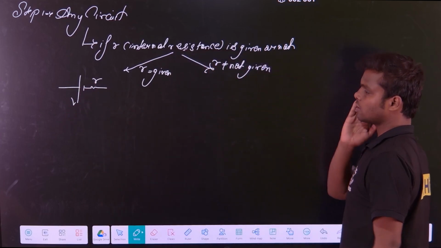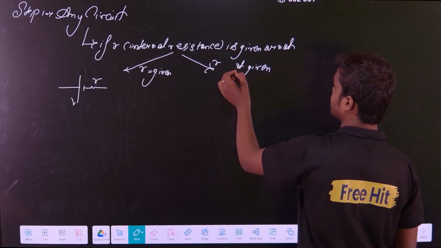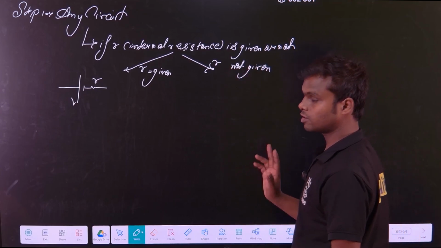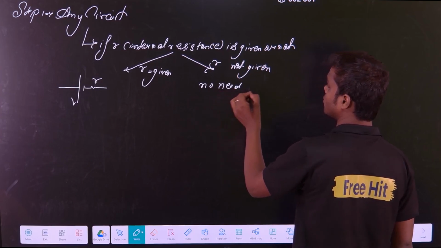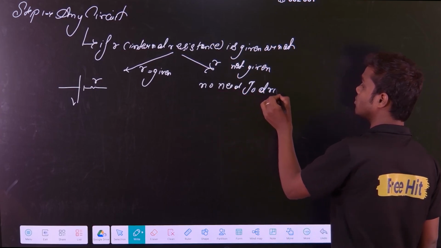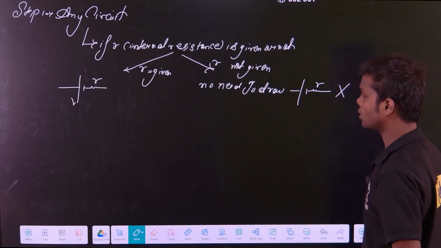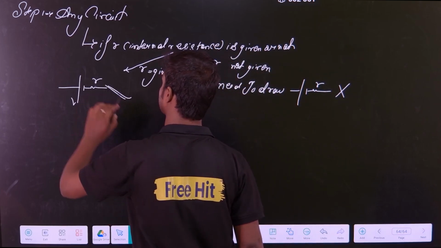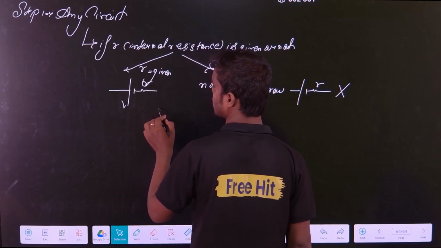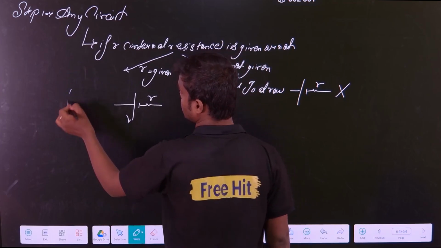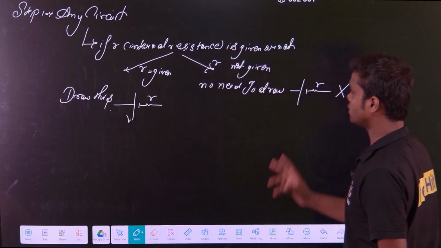And if r is not given, then there is no need to draw this; it is not required. Here it is required, so in the circuit you have to draw this.